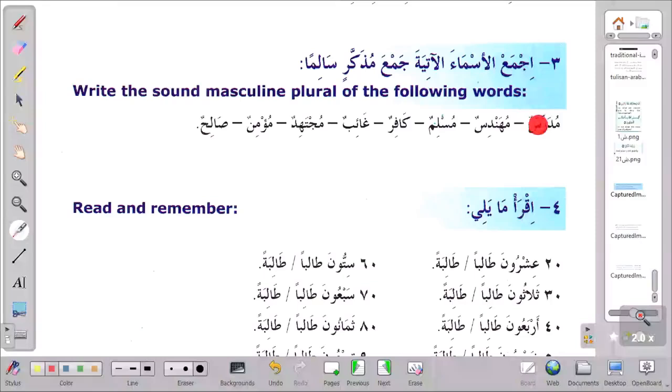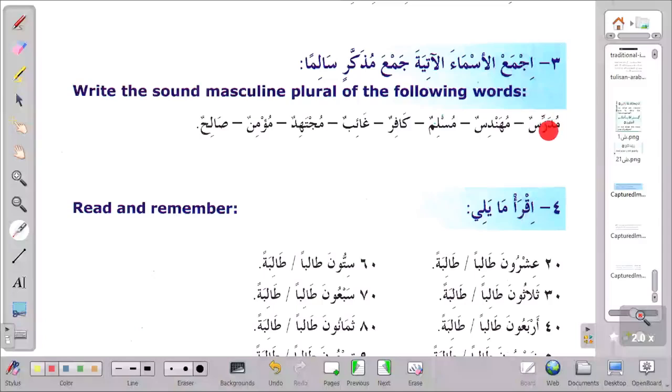Let's look at these words. How do we make them plural? We are going to make it plural, but not just any plural, the plural of Jam'u Muzakkar Salim. That's what he's saying.